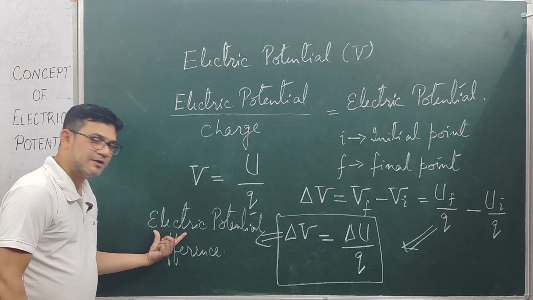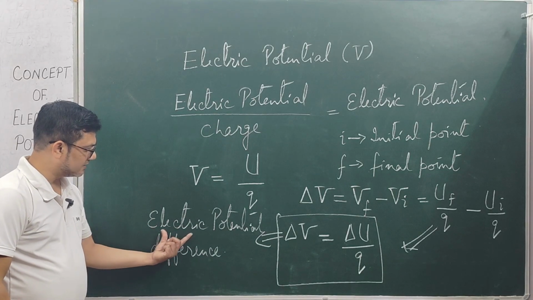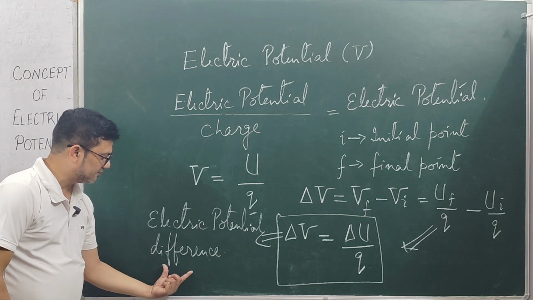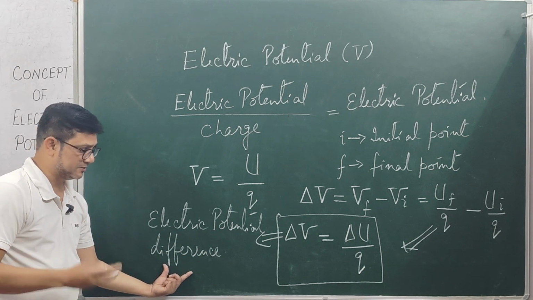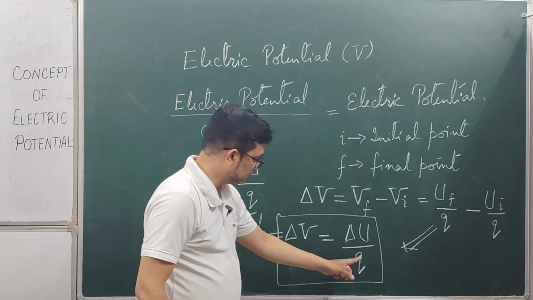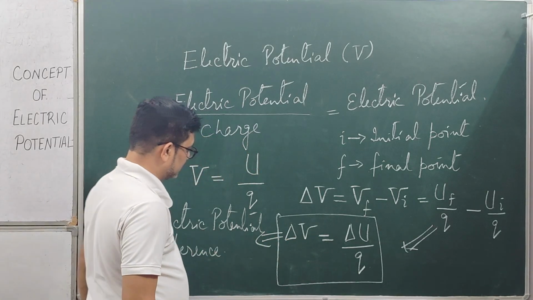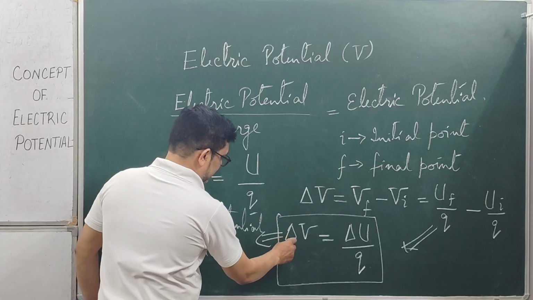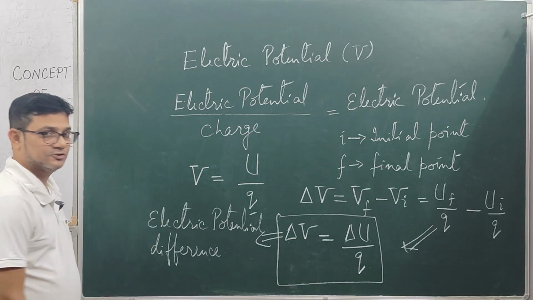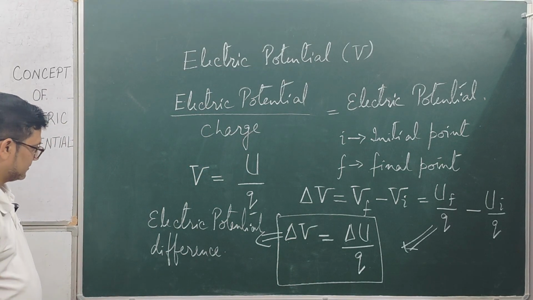It's an extremely important definition. Electric potential difference between 2 points is delta U over Q. This can be abbreviated as delta V.